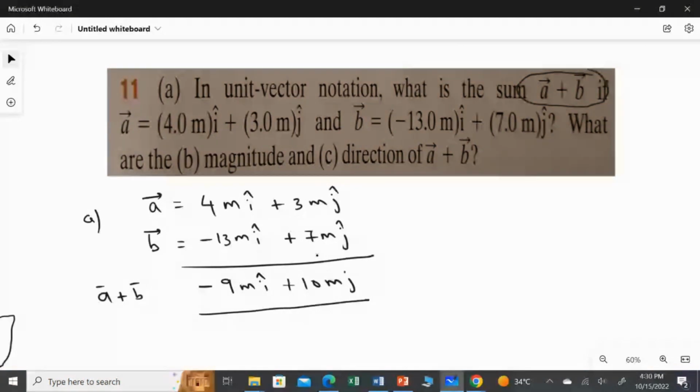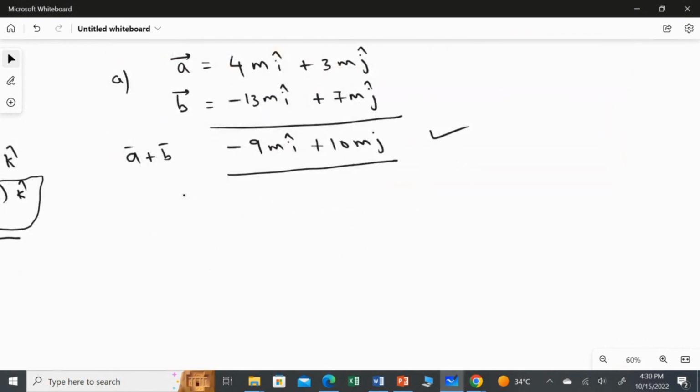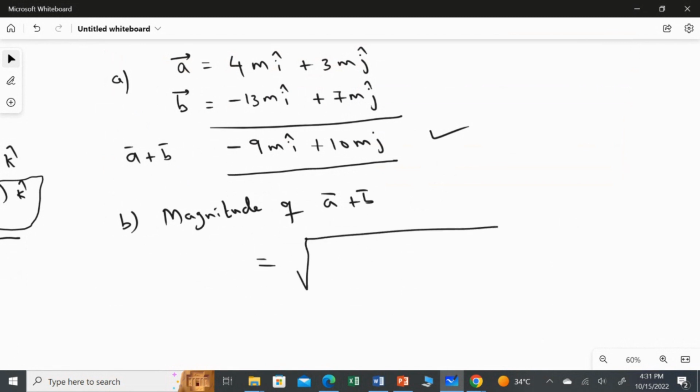And after that, I'm going to find what is the magnitude of this vector. So second part, I'm going to find the magnitude of A vector plus B vector, which is equal to square root of x component of A plus B the whole square, plus y component square of A plus B. So what's the answer?